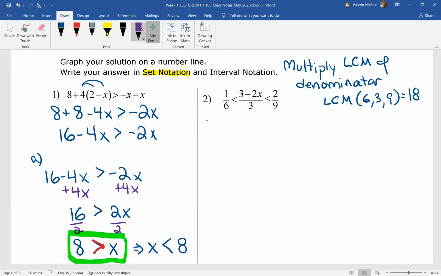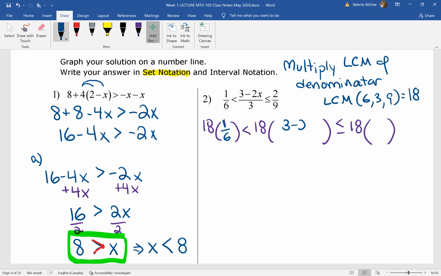So we're going to multiply 18 by 1/6, 18 by everything in the middle, and 18 by 2/9. When we do this, we can get rid of the fractions.